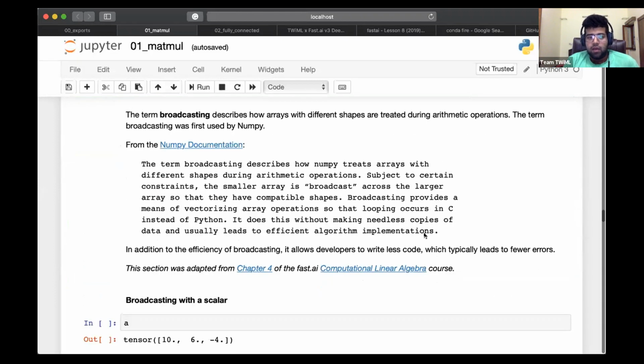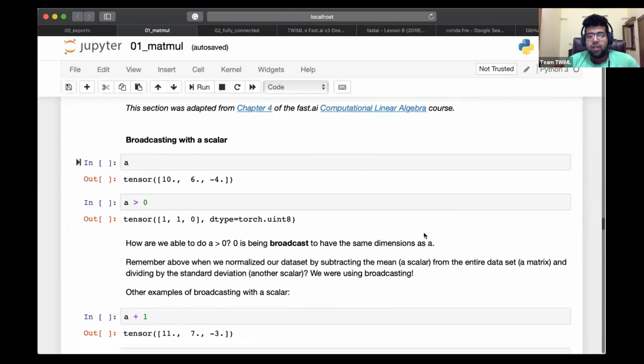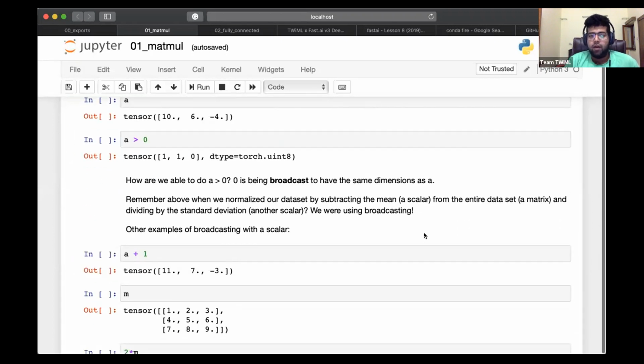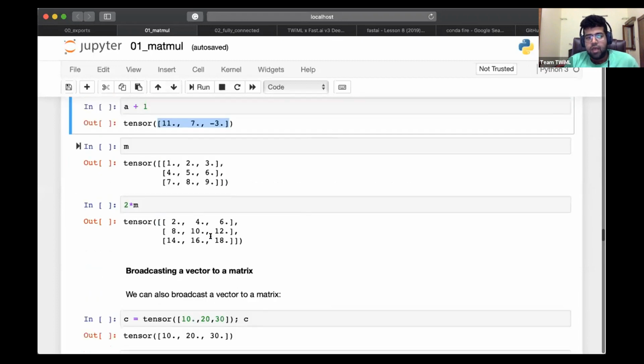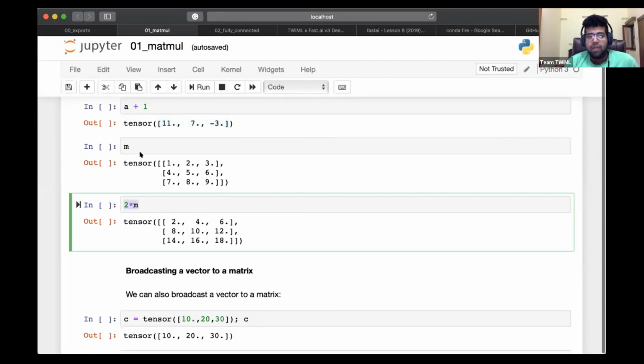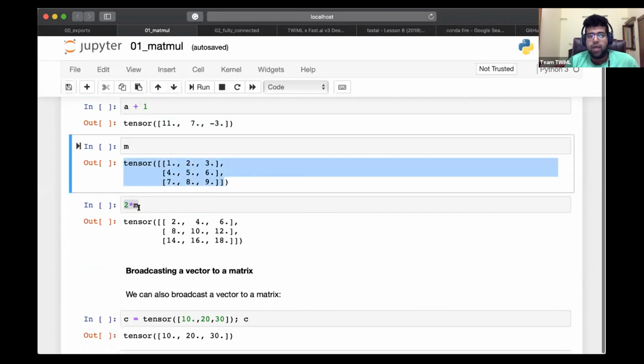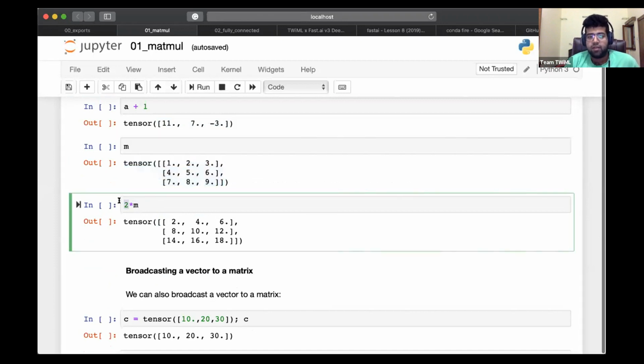Furthermore, we're introduced to broadcasting, which is basically taking one scalar or matrix which might be of different dimension than the other matrix or tensor and broadcasting it to the complete tensor or matrix. So you can add one to, let's say, a row tensor, and you can also multiply all of the elements of this tensor by 2, and behind the scenes this gets broadcasted to all of the elements.